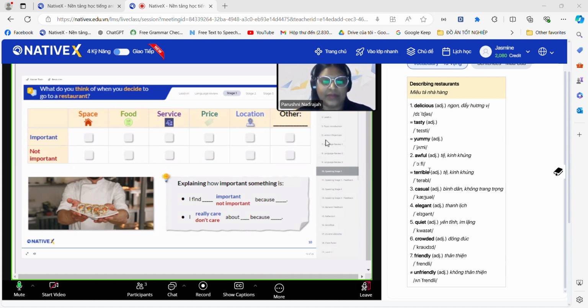I find space important because I don't want to eat on the pavement. Hanoi is quite polluted, so I want to have a meal in a clean space. Good. What about food? Is the way food tastes important?